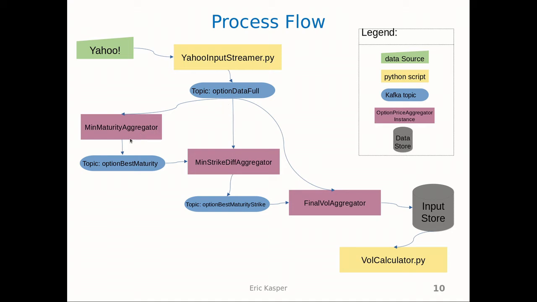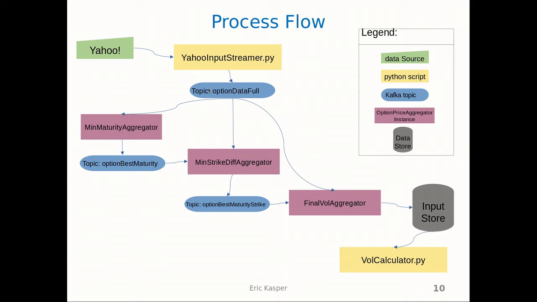So what I've done is I've created a class which is basically a consumer which is going to read from the Kafka topic and do an aggregation and then publish to another Kafka topic, and then the next instance will join the original one back to the one before it.